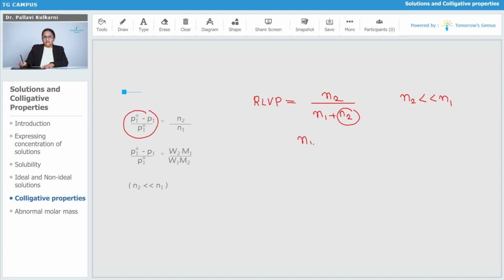N2 and N1 are numbers of moles, so N1 is equal to W1 by M1 and N2 is equal to W2 divided by M2. Let us put these values in the equation. So RLVP will be equal to W2 M1 by W1 M2. This is the final equation for RLVP.